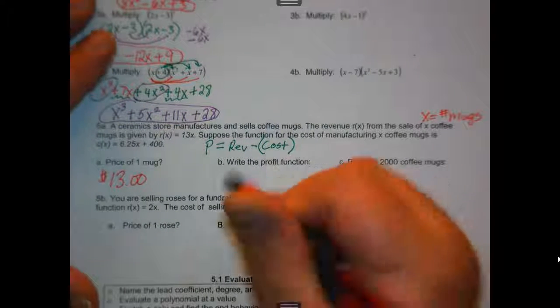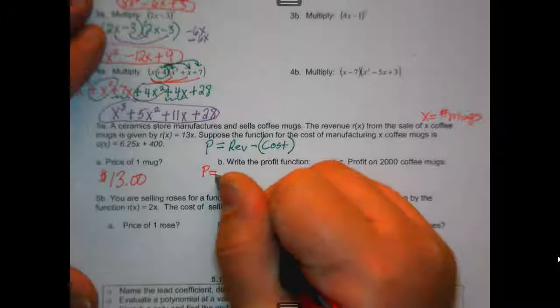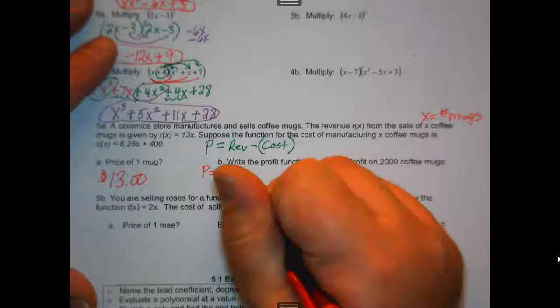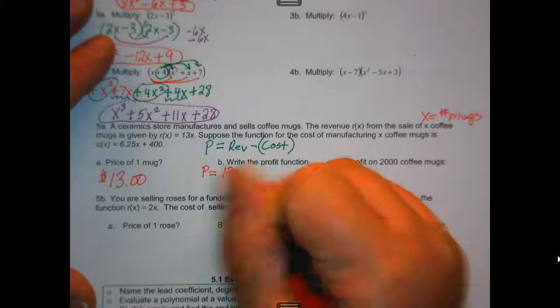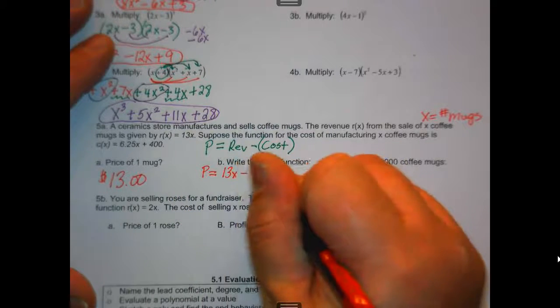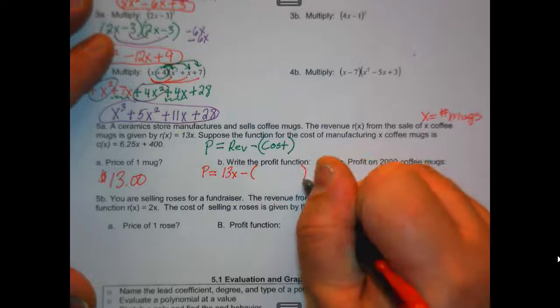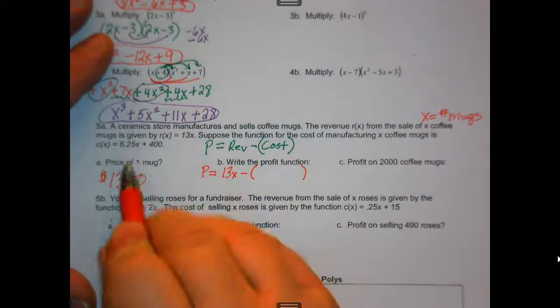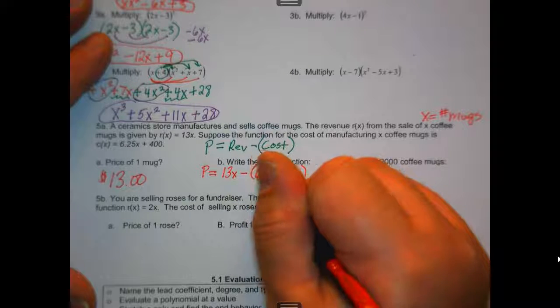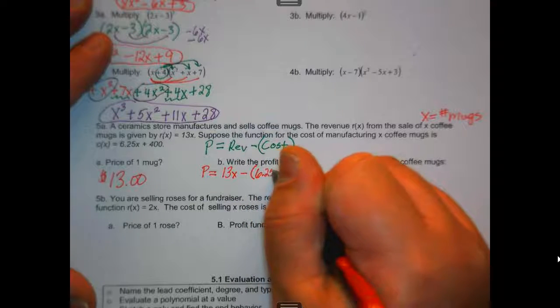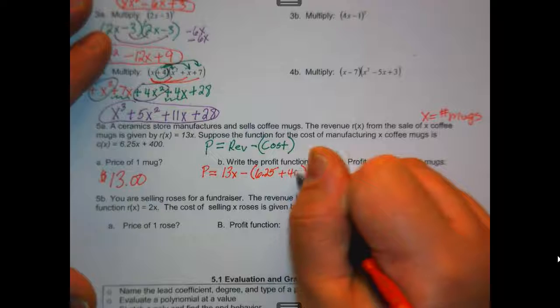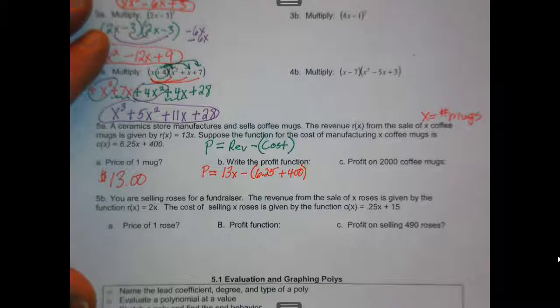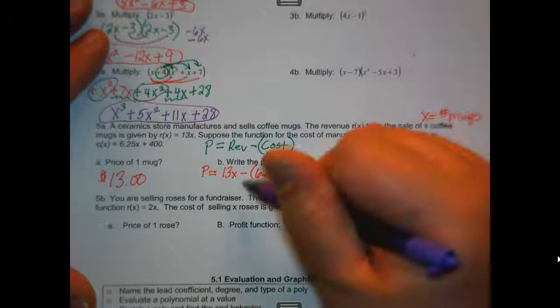Okay, so our profit equals our revenue, which is 13x, minus our cost in parentheses, which is 625x plus 400. Now we have to distribute our minus sign, right?